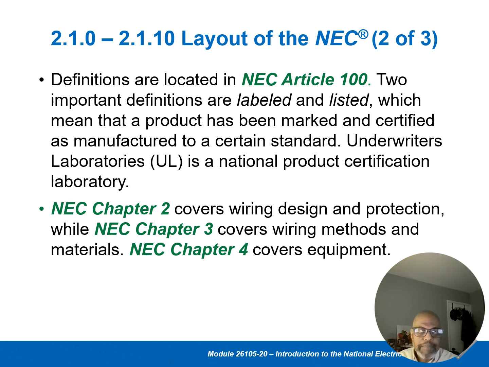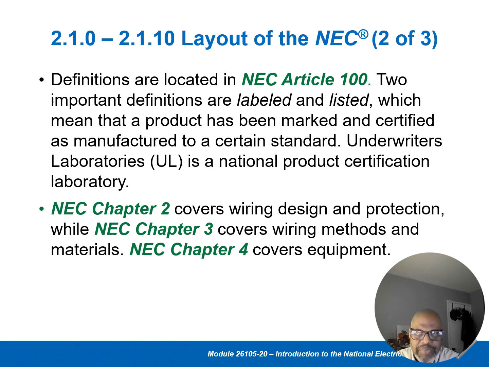So here, the definitions are located in NEC Article 100. Two important definitions are labeled and listed. Labeled and listed means that a product has been marked and certified as manufactured to a certain standard.